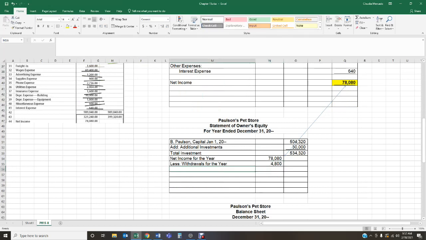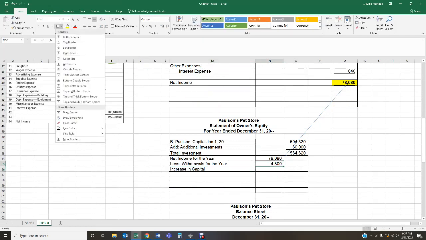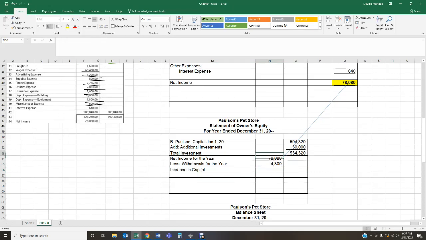Now I can calculate my increase in capital. Okay, how much did my capital increase by? Well, I had income for the year of $78,080, and then I withdrew $4,800 for personal use. That leaves me with an increase in capital of $73,280. Okay.